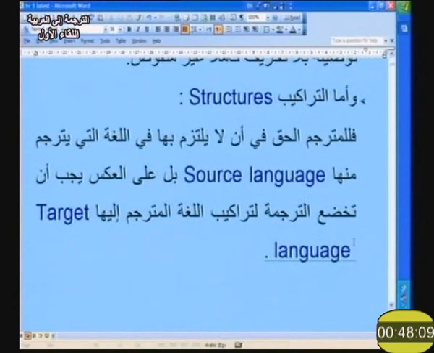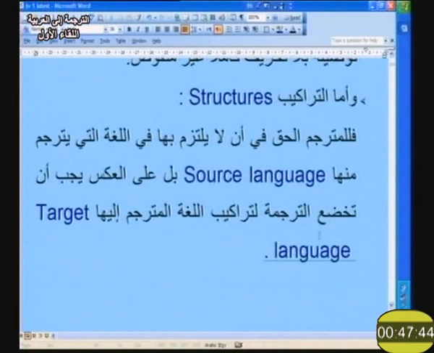The structures, the structure in translation: the translator cannot stick to the structures of the source language, but preferably the target language imposes its own structures on the translator.